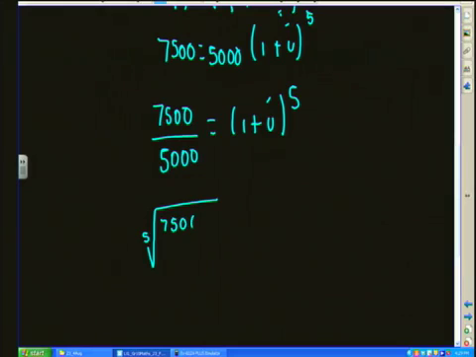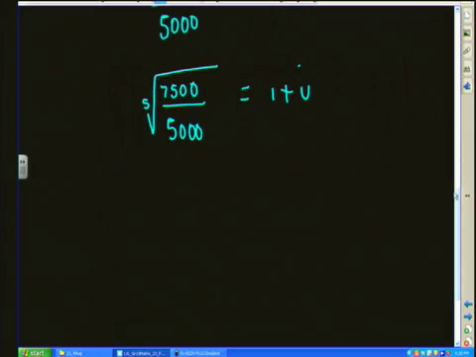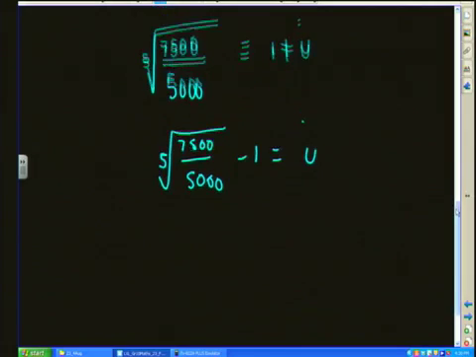So we take the 5th root of 7,500 divided by 5,000, and then I'm just left with 1 plus I. Okay, and then to get to the I need to subtract 1. So fifth root of that minus 1 will give me the interest rate in decimal form.